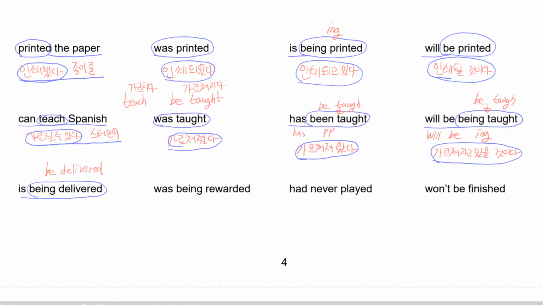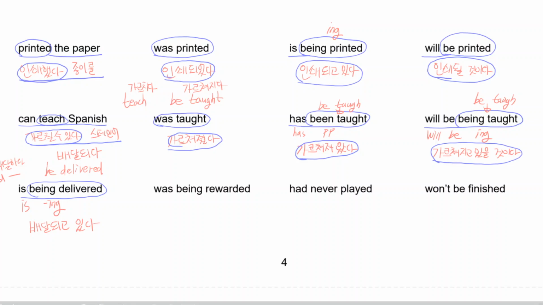Deliver means 배달하다. Be delivered means 배달되다. Here we have is being delivered, right? What is the tense? Is ing. So the correct translation is 배달되고 있다.